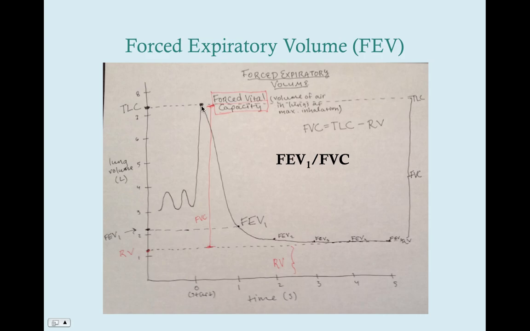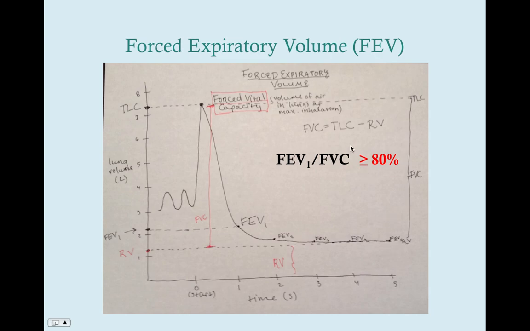So from our total lung capacity to our FEV1, that's going to be the amount that they can breathe out in 1 second. So here we're at 2.25 to like 7.3. So the difference between that is your FEV1. And then they continue to breathe out until they reach their residual volume.